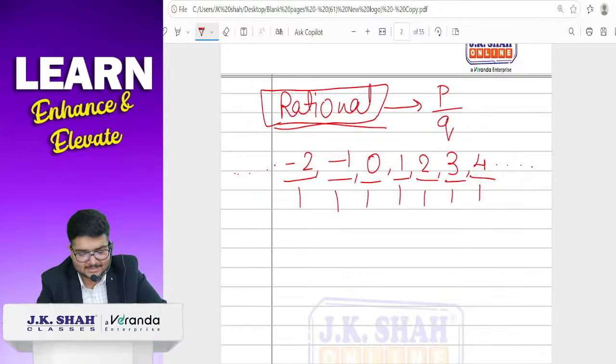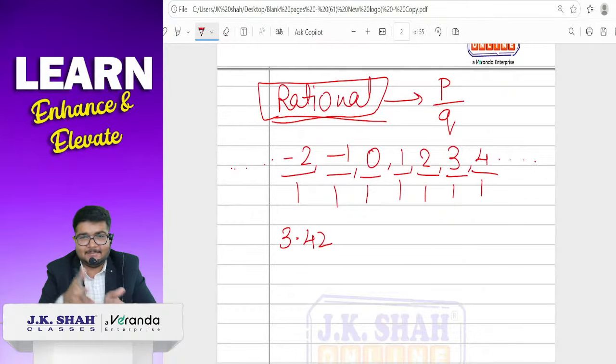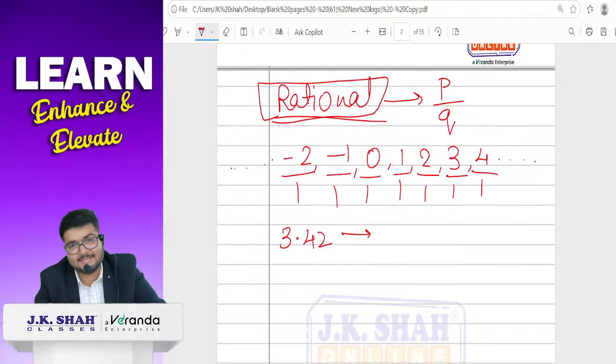Sir, are there more examples of rational numbers? Can you tell me? Yes. Numbers which have a decimal but are ending, like 3.42. Now 3.42, the answer is over at 3.42. That's it. Sir, can we represent this in fraction form, in P upon Q form? Yes. You have done this sum in your previous standards.